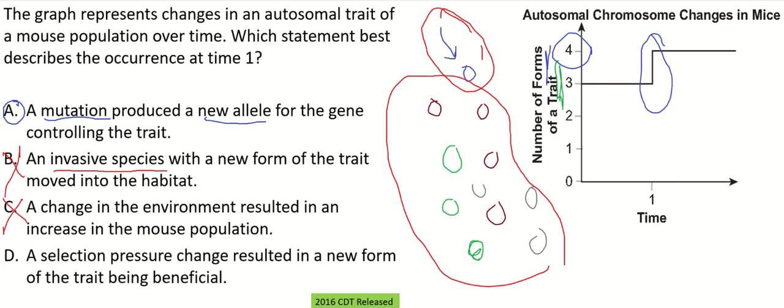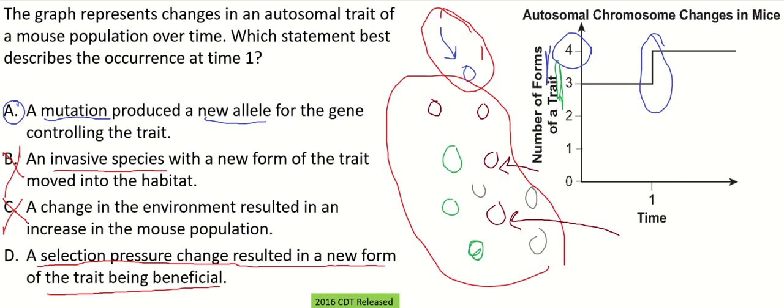A selection pressure, that's natural selection, changes resulting in a new form of the trait being beneficial. That could happen. Okay, so say these mice live in a brown forest. All right, so natural selection will favor these brown mice, and so those allele frequencies will increase over time. All right, and then let's say it turned into a green area.